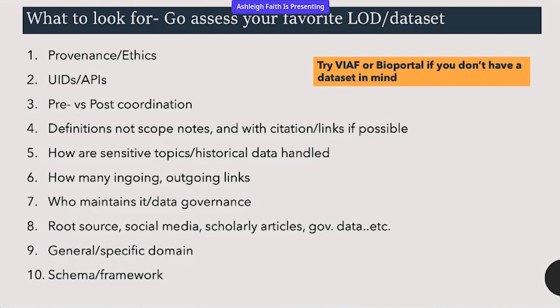Pre and post coordination. This is a very librarian-esque thing, but pre-coordination is not as good for machine learning as post-coordination. So pre-coordination means that you are taking two different taxonomy terms and sticking them together.